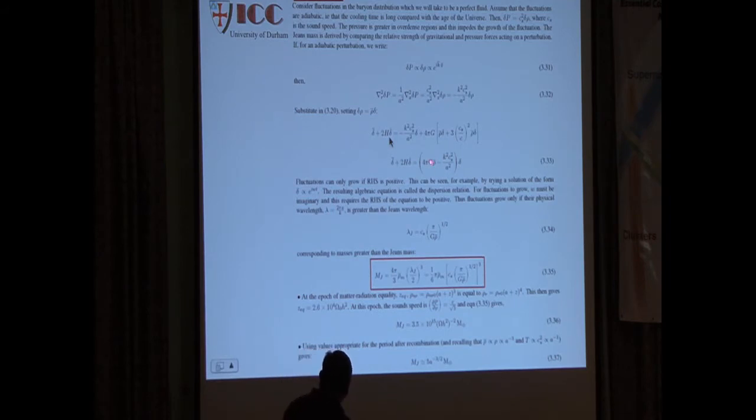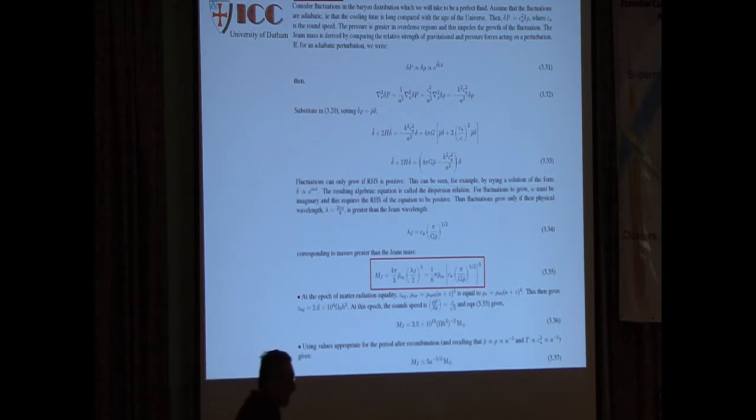Obviously, because there's a G there, this is a gravitational term, and this is a pressure force. There's a balance between gravity trying to cause the perturbation to collapse, and pressure trying to resist the collapse. When these two terms are equal, that happens for a particular value of the wavelength, which is called the Jeans wavelength, associated with which there is a Jeans mass.